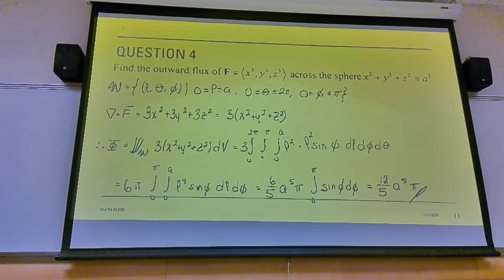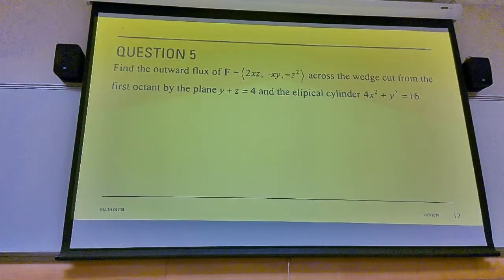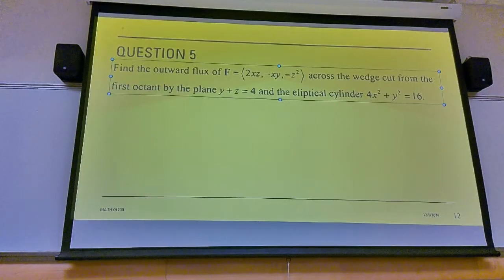What's missing from my notes, I think, is the plot.